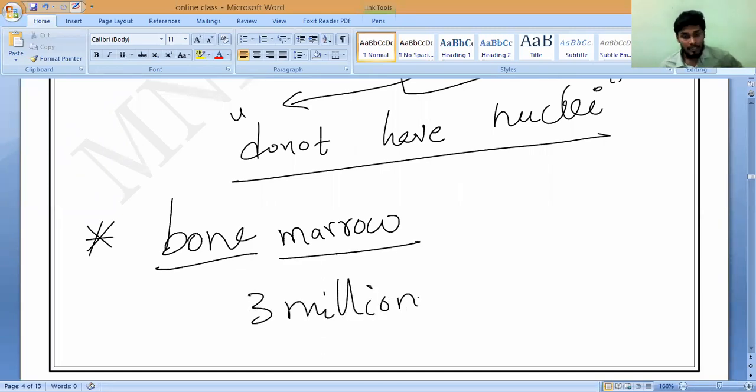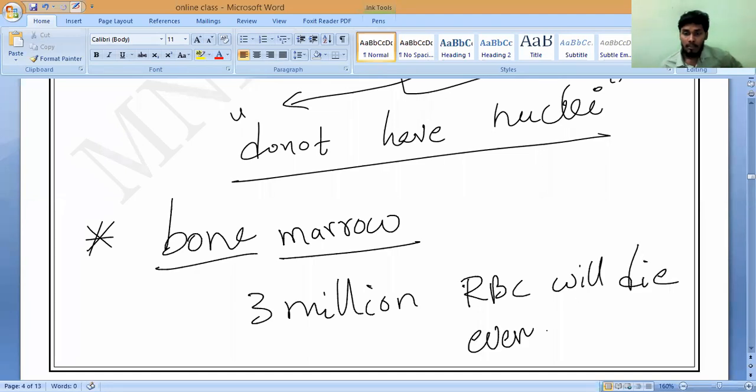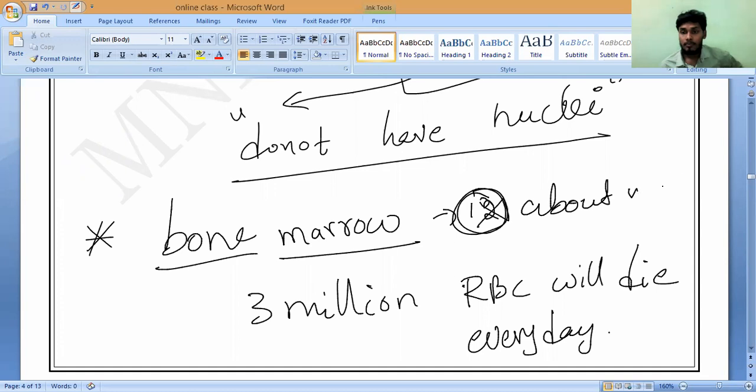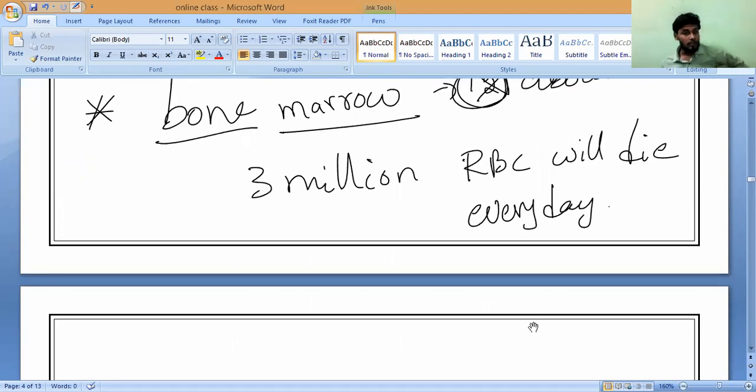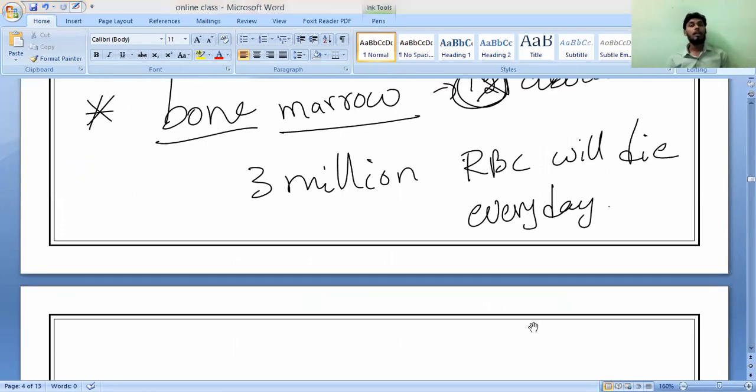About 4 times more means around 12 million, though I should not say exactly 12. About 4 times more are produced in the bone marrow every day.